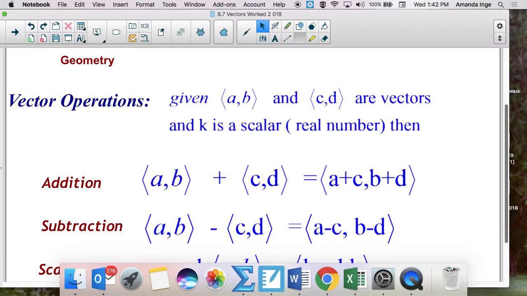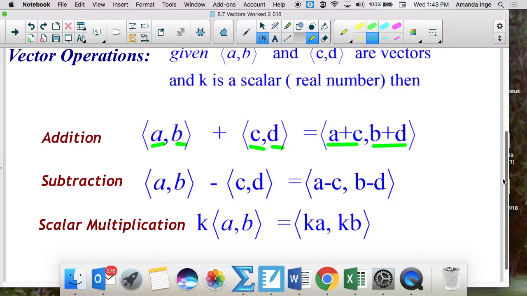So for addition, you're just adding the A to C and you're adding B to D. And that's your new vector. That's not hard, is it? Subtraction's the same thing. You're just subtracting A minus C, and B minus D.